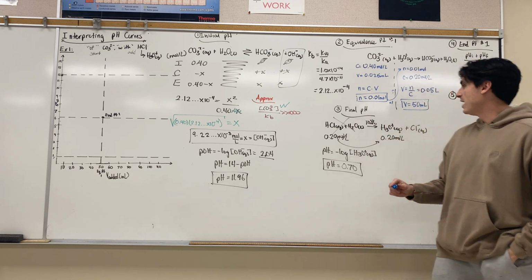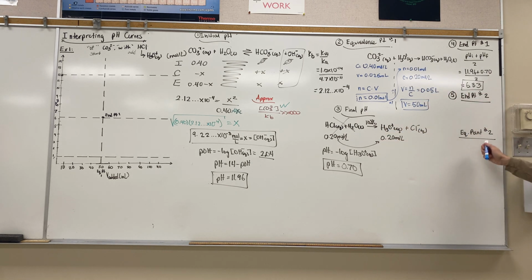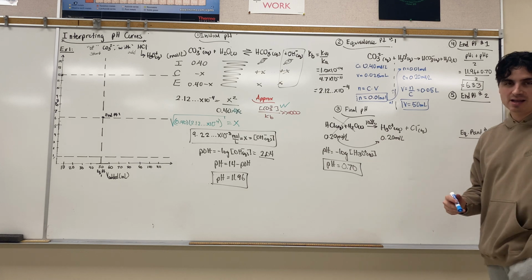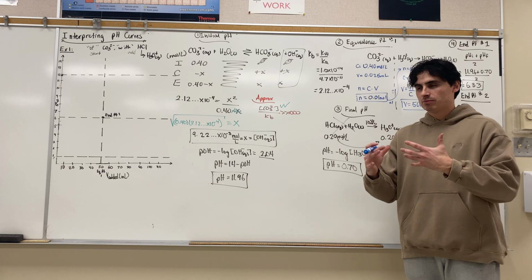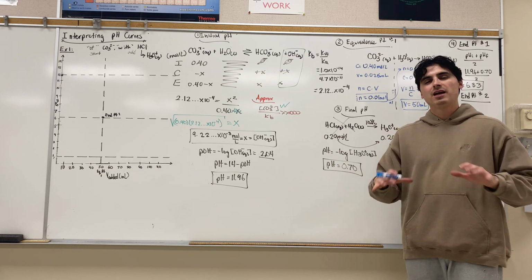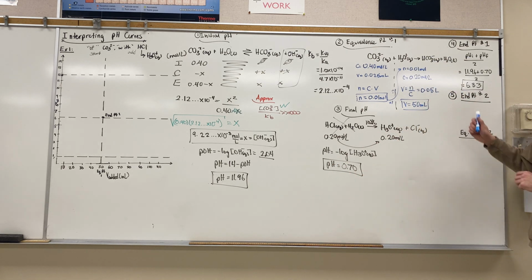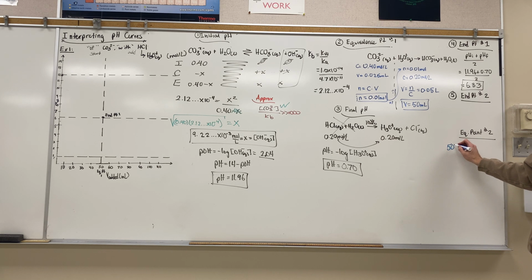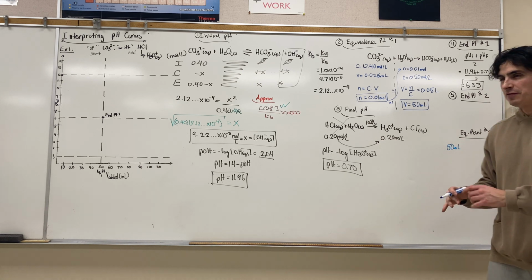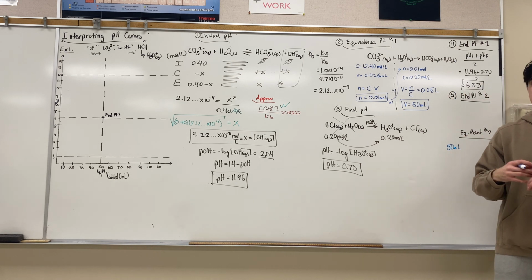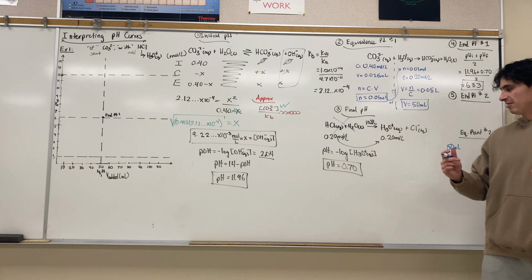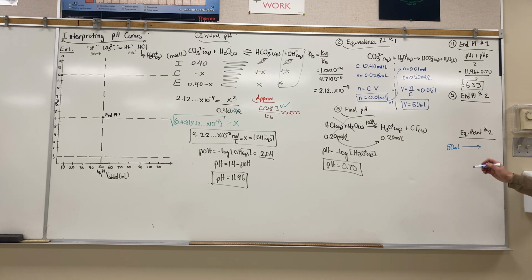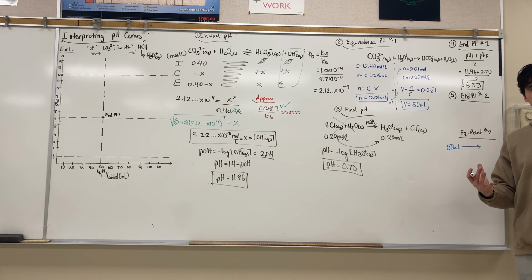All we have to do now to figure out our second endpoint and second equivalence point is approximate. University will have you calculate it. High school, approximate it. And here's how we do it. If the first equivalence point was at 50 milliliters, and 50 milliliters neutralized half of what you needed, what would neutralize it all? Well, probably double, right?